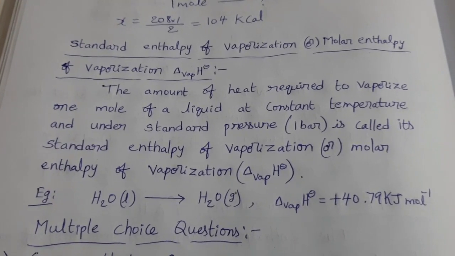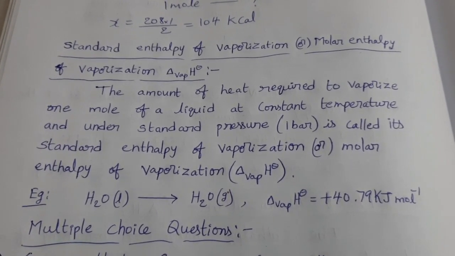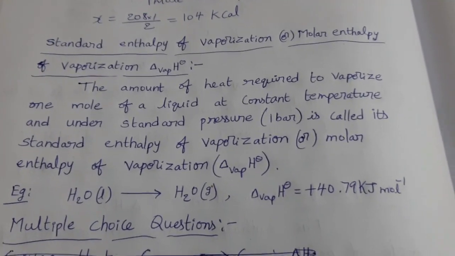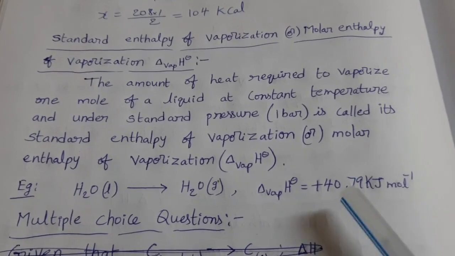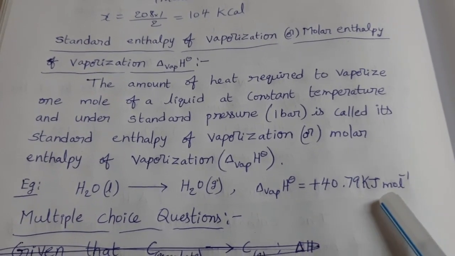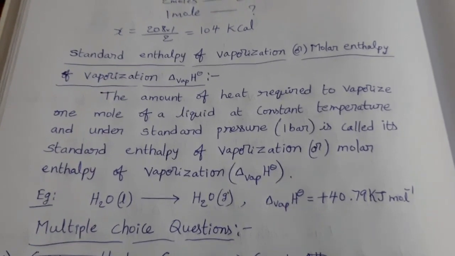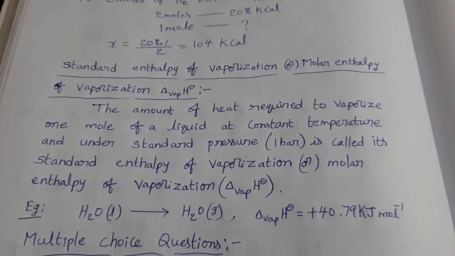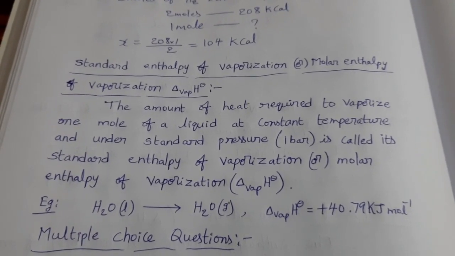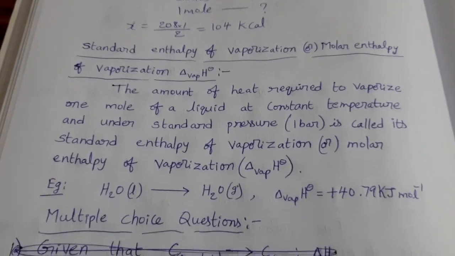Example, H2O present in liquid form is converted to H2O in gaseous state. For this conversion, the required heat energy, enthalpy of vaporization, is plus 40.79 kilojoule per mole. Remember students, here also a liquid is converted to gaseous state by absorbing heat energy. So enthalpy of vaporization is also always positive.